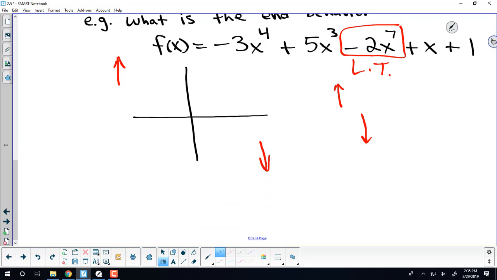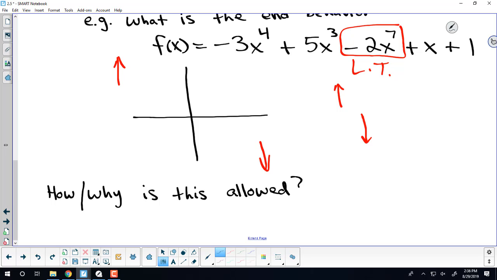So the natural question is how or why is this allowed? And we kind of already answered that. The reason that we're isolating the leading term is because now we know the nature of end behavior. What that means is x is approaching infinity or negative infinity. Either way, x is becoming increasingly large.